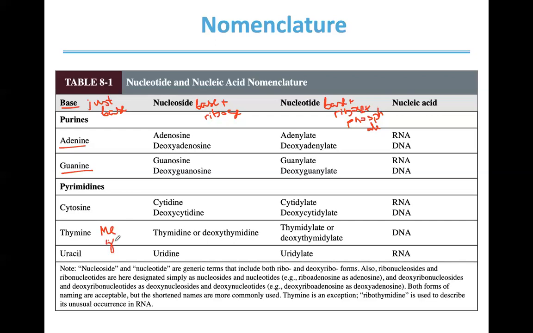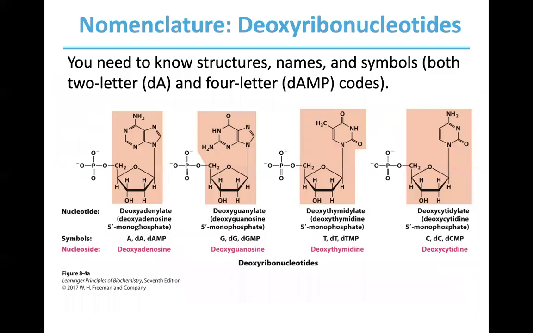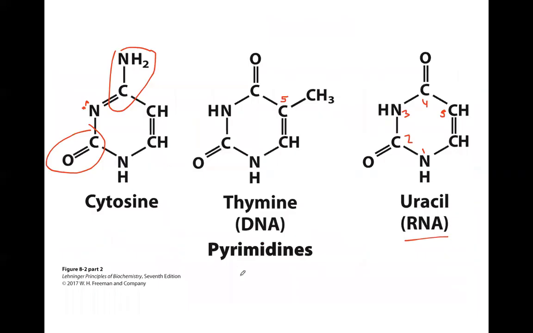Methyl group. Position C5. Right, so if we go back, remember the difference: uracil in RNA, thymine in DNA, and here we have CH, here we have C-methyl, right? So it should be easy to remember.